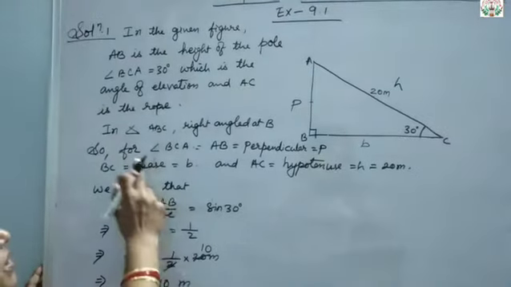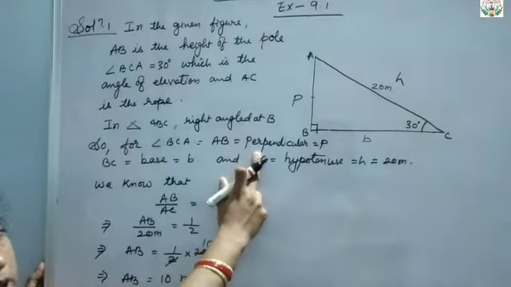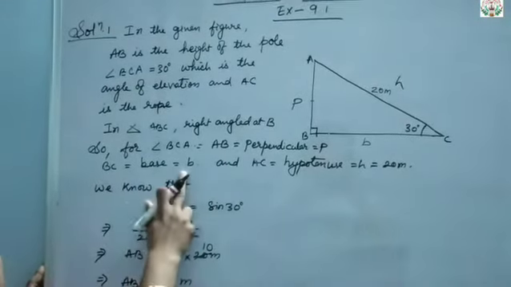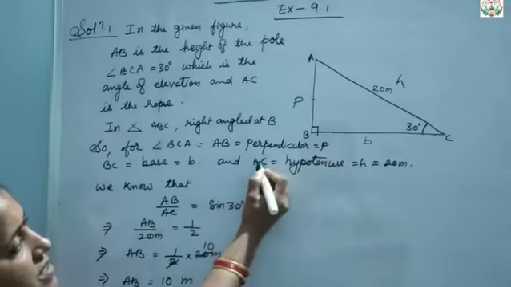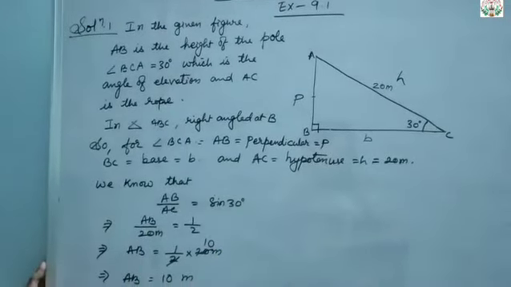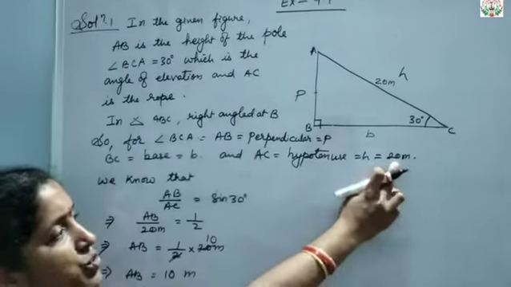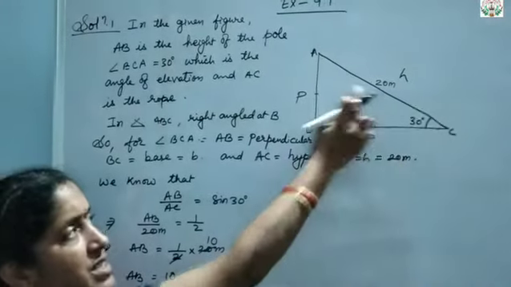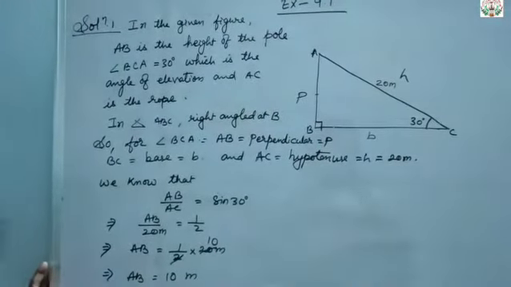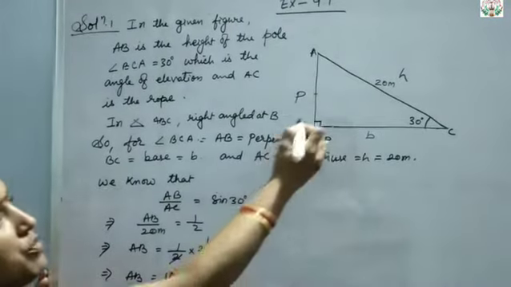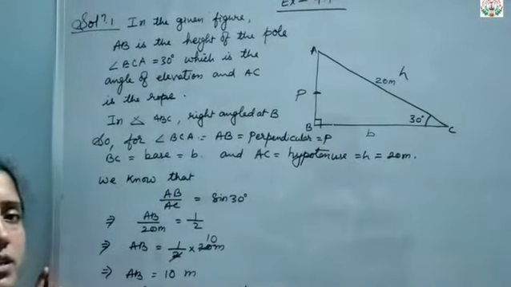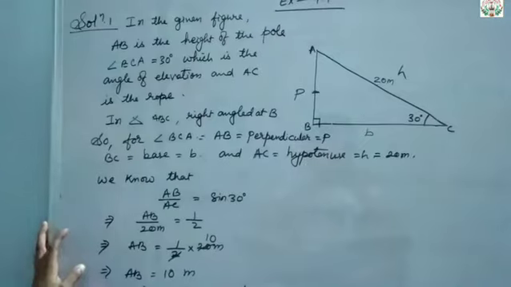So now here you can see AB is the perpendicular P, BC is the base, and AC is the hypotenuse, which is H equals 20 meter. This measurement is given. Now we have to find what? P, that is the perpendicular height of the pole.